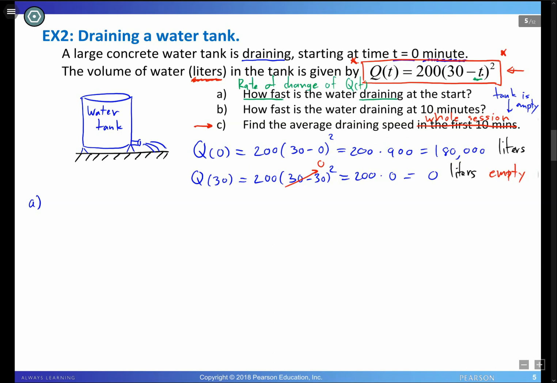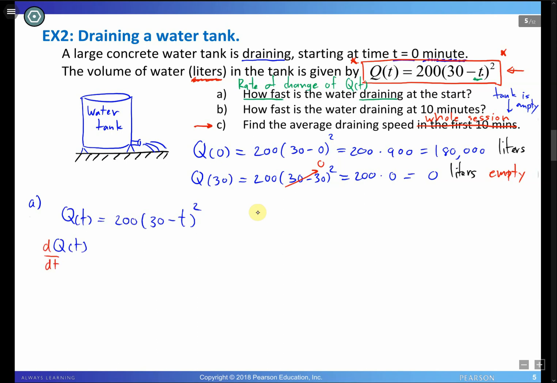Let's start with Q of t equal to 200 times 30 minus t squared, and we have to differentiate this to get the rate of change. So let's differentiate Q of t with respect to time.